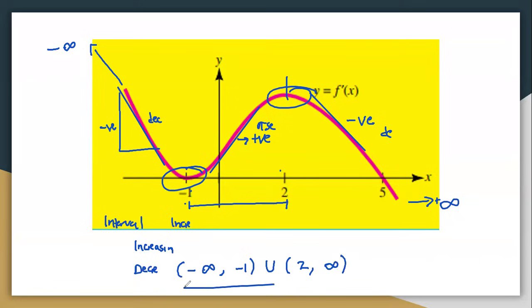This is the region for the decrease. Let me hope members are getting it. Increase is between -1 and 2. Decrease is between negative infinity and -1, union 2 and infinity.